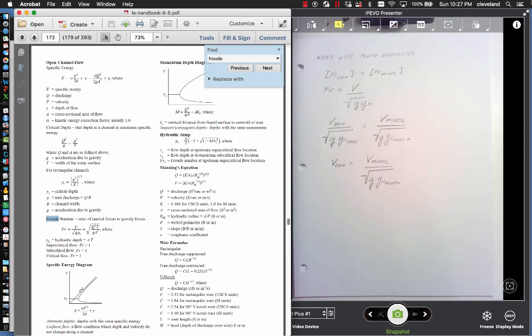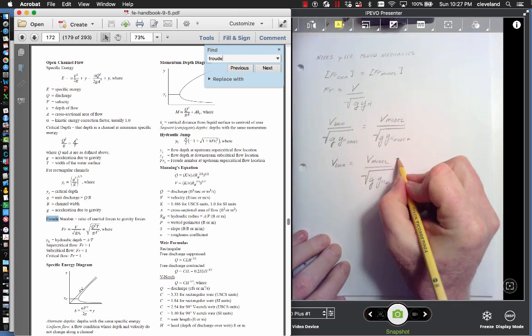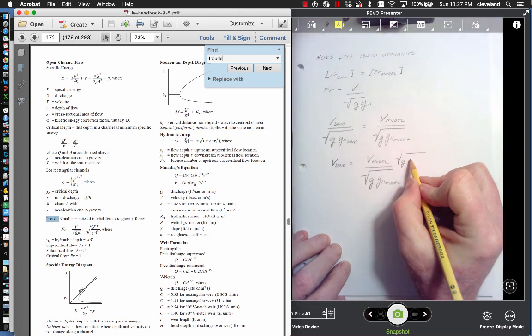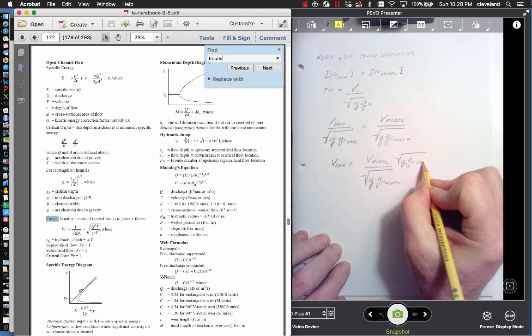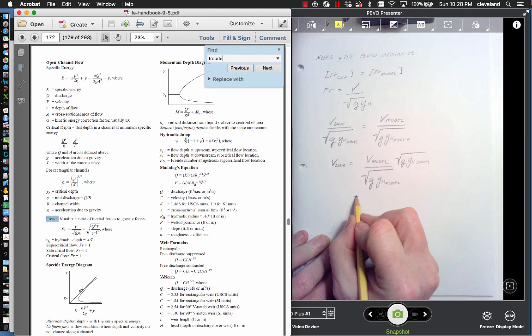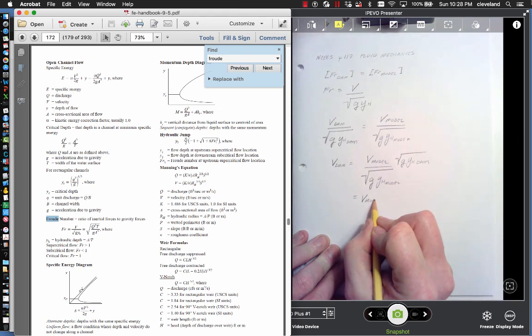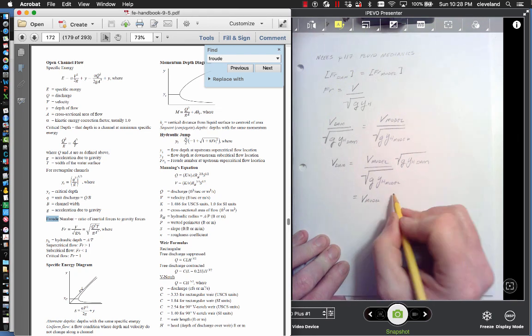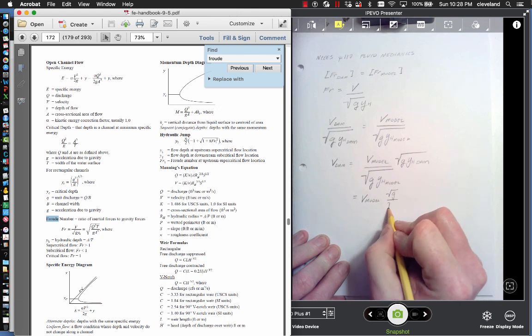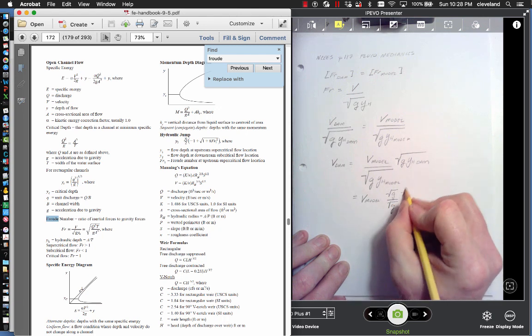Velocity of the model, root g multiplied by root g y sub h dam. Velocity of model, root g, those will cancel.